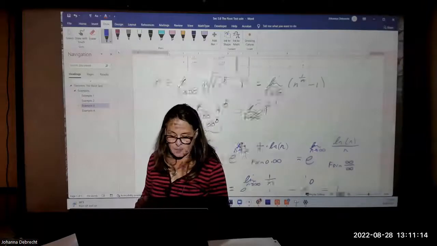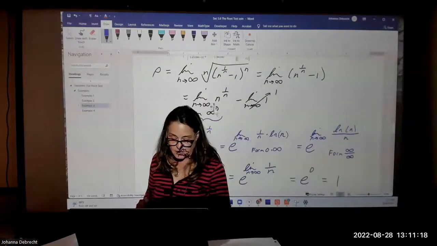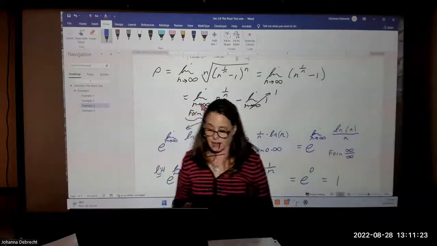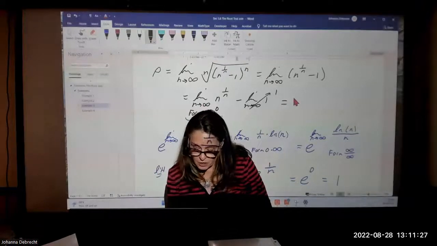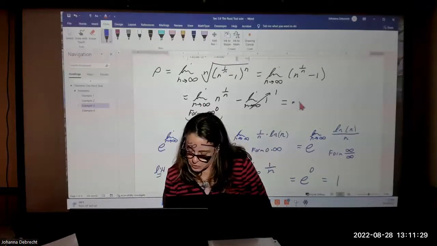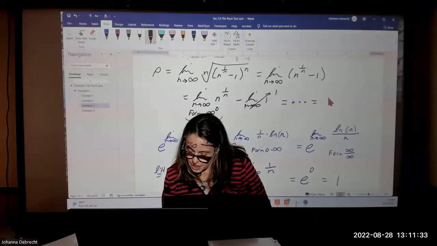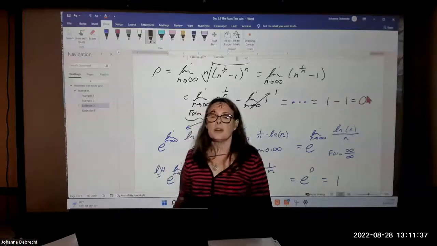So now I need to come back up here to where I was a minute ago. Actually, it's all still up here. And I can take that result and put it in place of that first limit. So then after I follow all the steps in blue, I get that this becomes 1 minus 1, which equals 0.